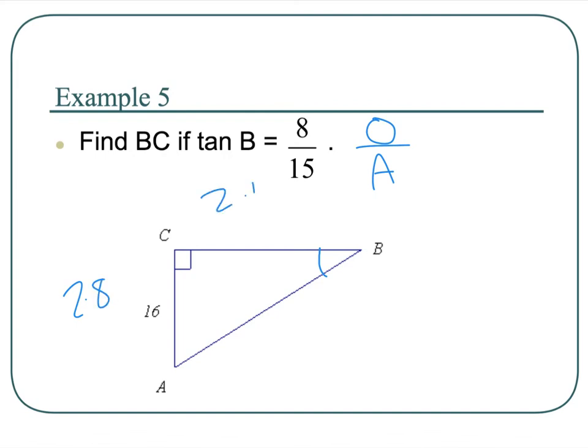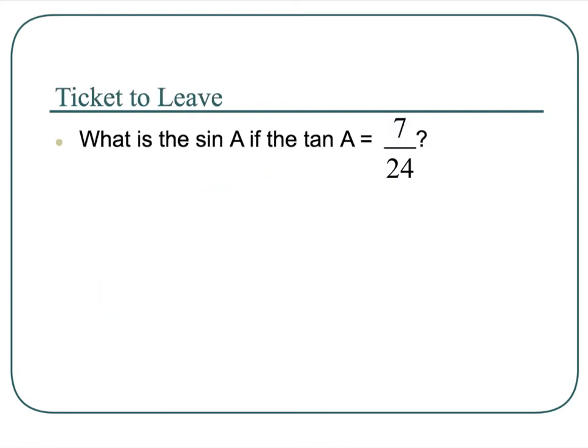What's 2 times 15? That would be 30. Very nice. So BC in this case would be 30. Cool, so that's just a reduced ratio.